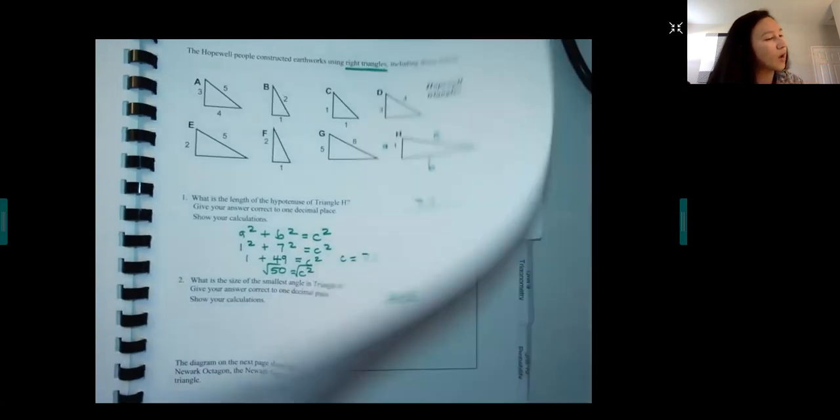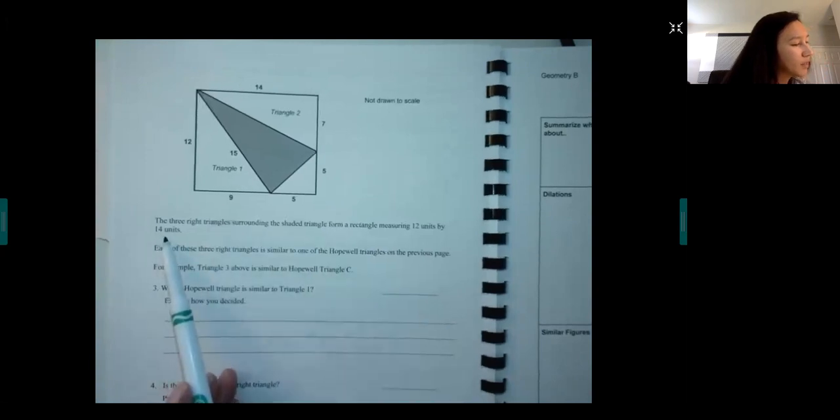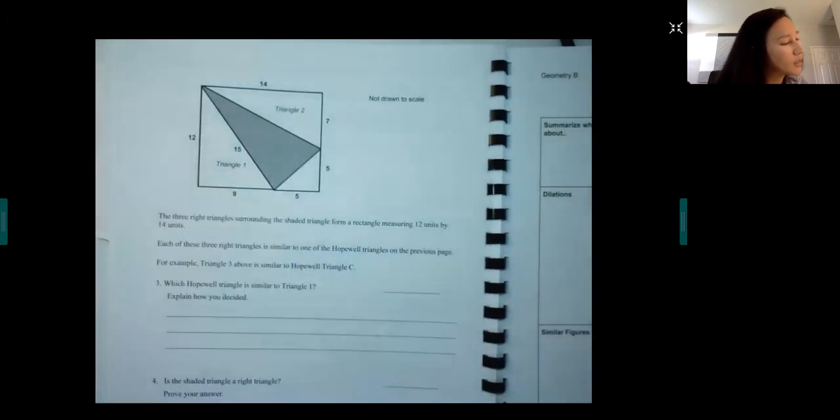The diagram on the next page shows the layout of some Hopewell earthworks. The centers of the Newark octagon, the Newark square, and the Great Circle were at the corners of the shaded triangle. The 3 right triangles surrounding the shaded triangle form a rectangle measuring 12 units by 14. Okay, so we have 12 by 14.